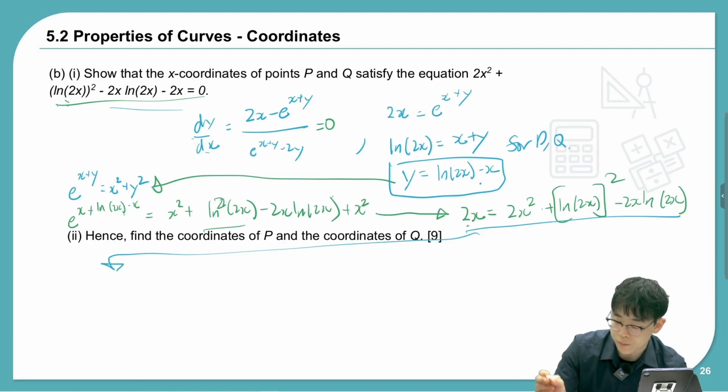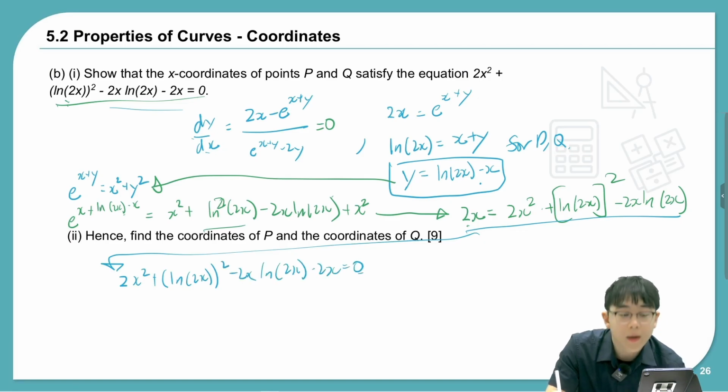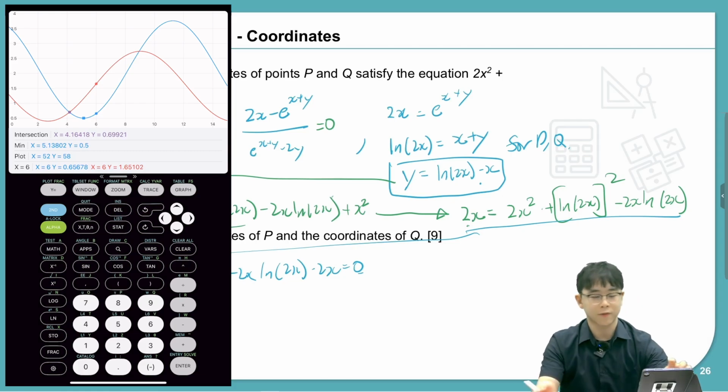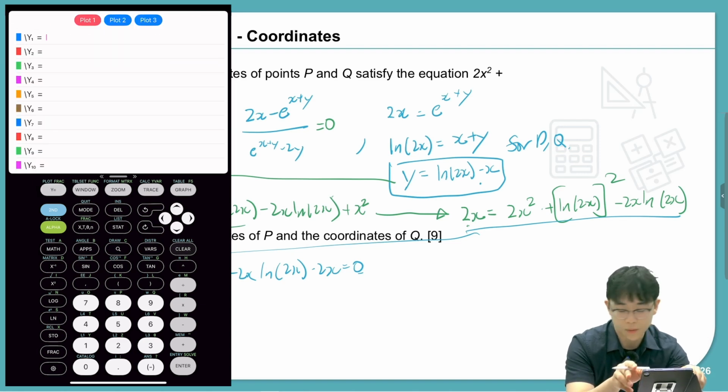Okay, so writing one more step, I'll just write 2x squared plus ln of 2x squared minus 2x ln 2x minus 2x equals 0. So using my calculator, I'll be able to find the solutions of x for which this is true, and that's going to be coinciding with the x coordinates of P and Q, right?